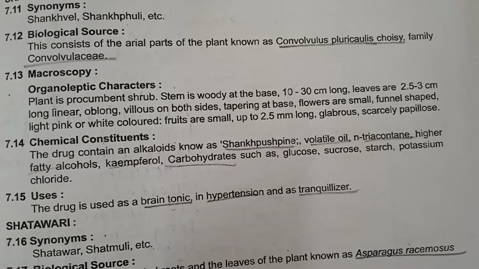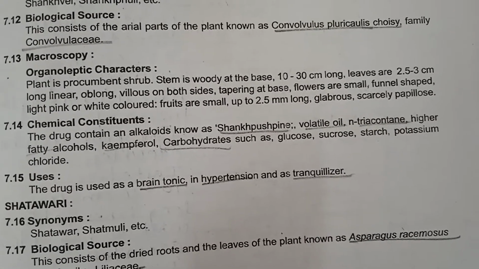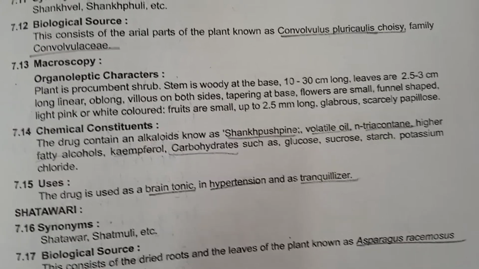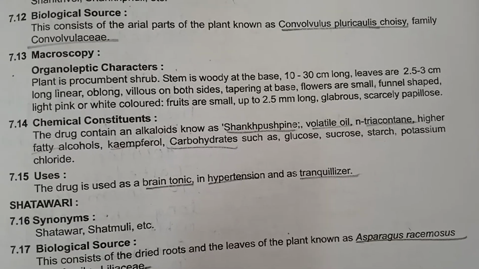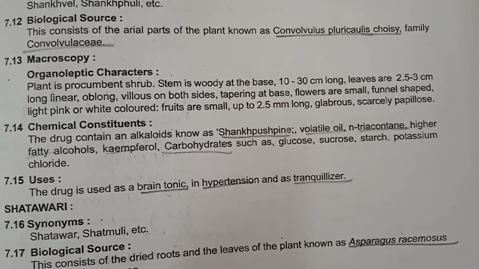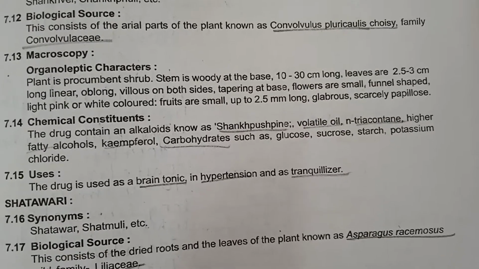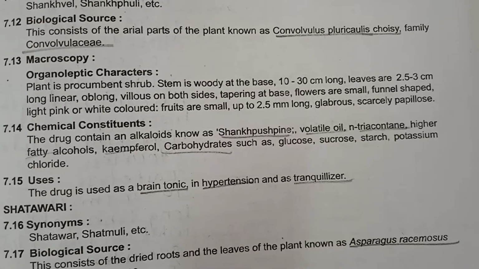Stem is woody at the base, 10 to 30 cm long. Leaves are 2.5 to 3 cm long, linear, oblong, villous on both sides, tapering at the base. Flowers are small, funnel shaped, light pink or white in color. Fruits are small, up to 2.5 mm long, glabrous.